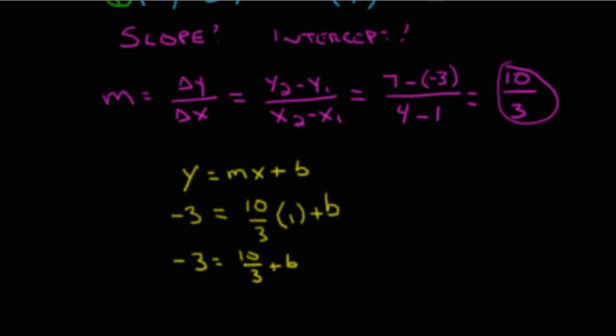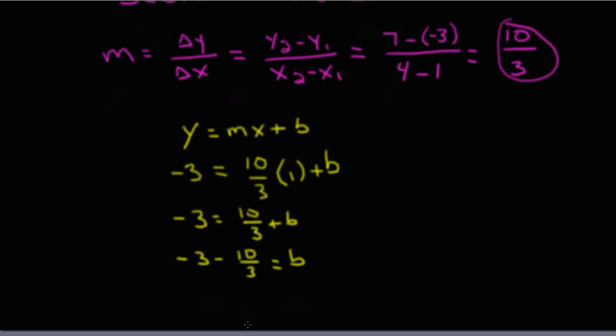If I subtract 10 thirds from both sides of this equation, then I'll get negative 3 minus 10 thirds equals b. Negative 3 is the same as negative 9 over 3 minus 10 over 3 equals b.